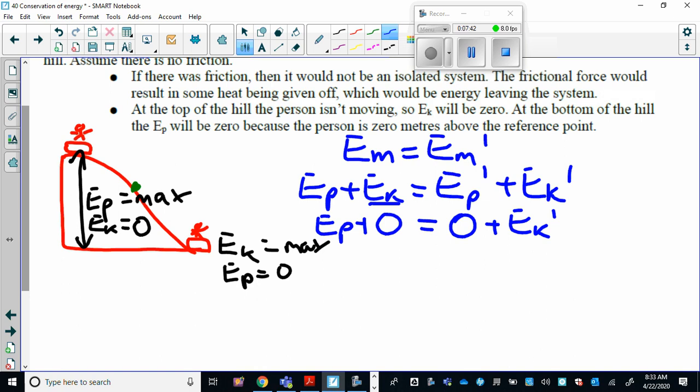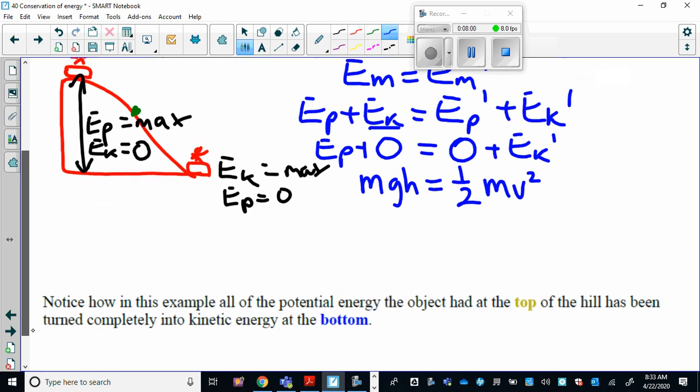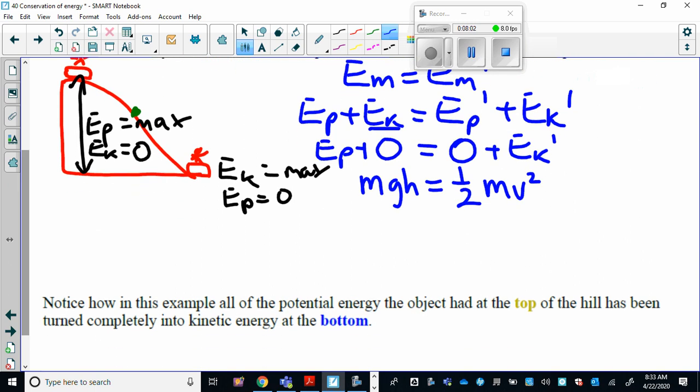So we can change this to mgh, and we can change this to 1/2 mv squared. And what are we solving for here? We are asking for the velocity.